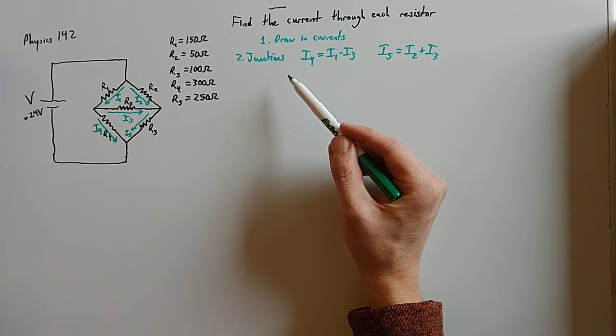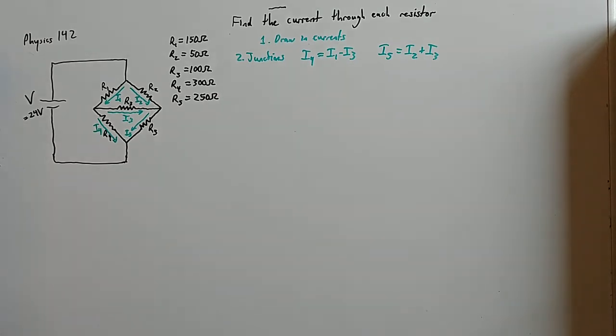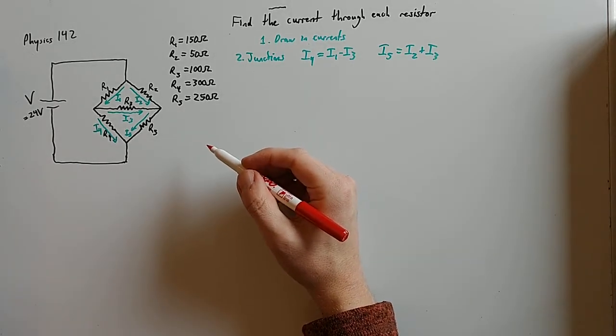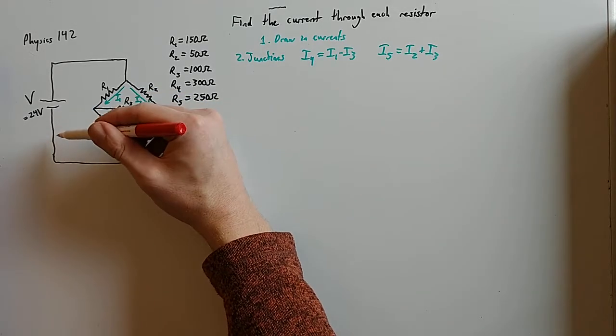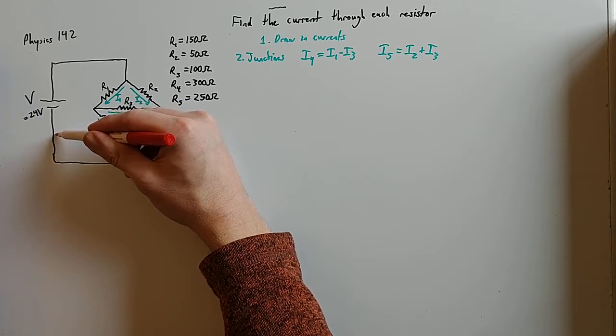The next thing that we want to do is think about drawing some loops. So I'll draw loops in different colors. We want to use the loop rule here. And so there are a bunch of different loops that we could take here. One example loop that I'll do is let's suppose that we start here.